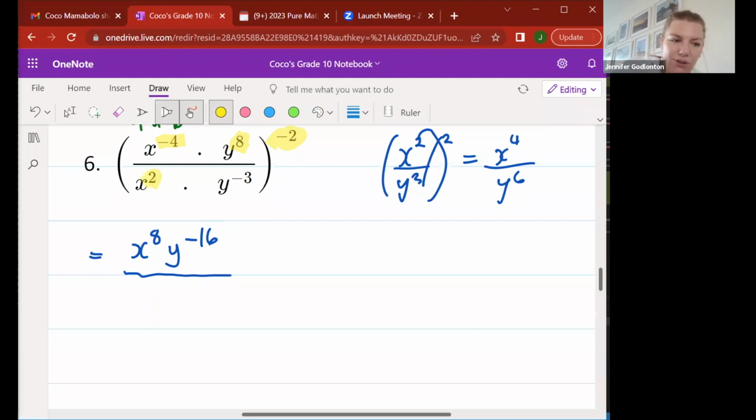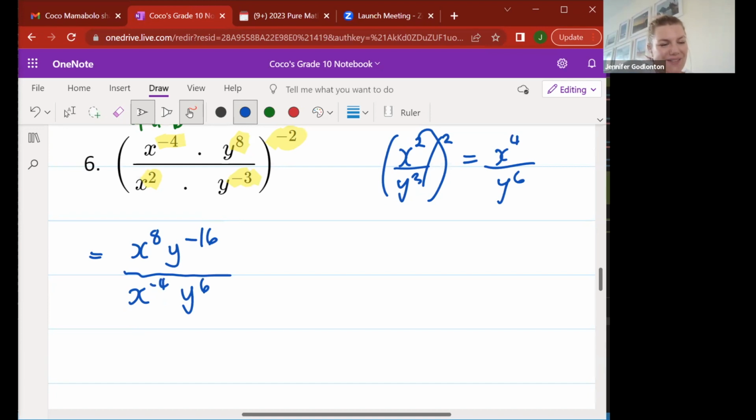What is 2 times negative 2? Beautiful. What is negative 3 times negative 2? Beautiful.